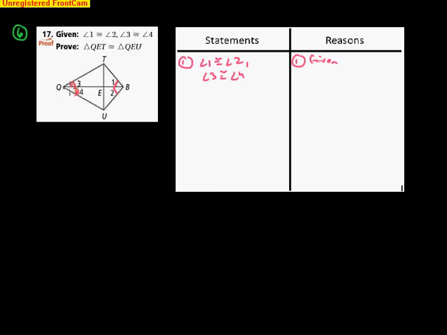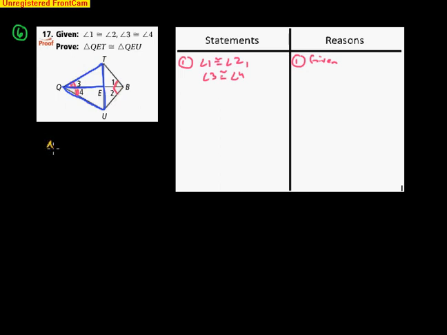Now, if I look at triangle QET, QET does not contain both of those angles. Neither does QEU. So I'm thinking that QET and QEU are going to be the second triangles that we have to prove congruent. Alright? So what are the first?